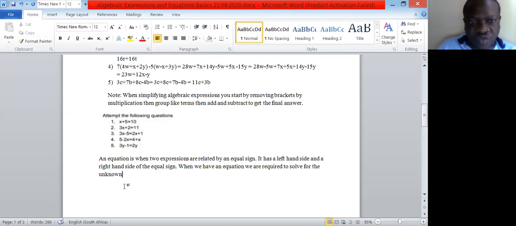We are required to solve for the unknown variable, and in most cases it will be x.